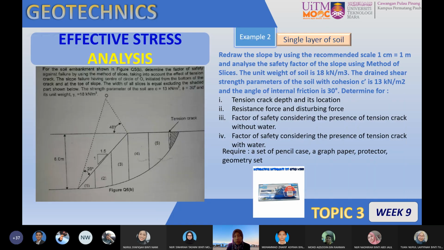Let's look at this example before we break for 5 minutes. This is one example of the effective stress analysis by method of slices. You are given a slope with a specified slope height and the angles to find the center of slip circles, and information such as the unit weight of 18 kilonewton per cubic meter, and the strength parameters: effective C of 13 kPa and effective phi of 30 degrees.